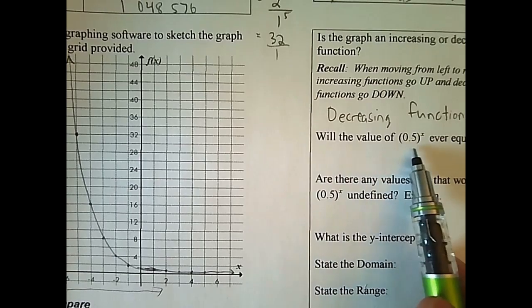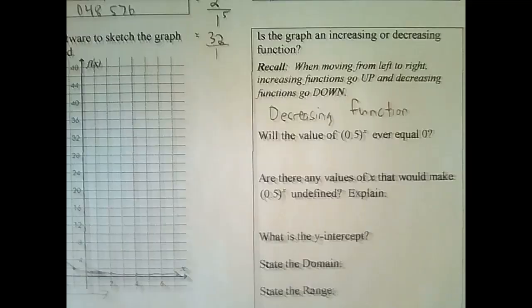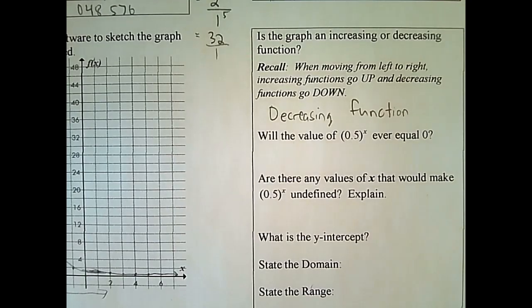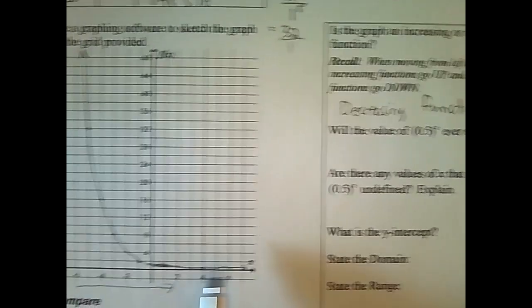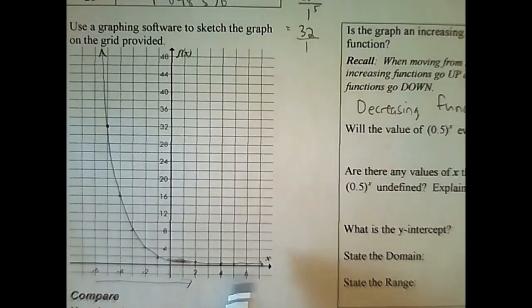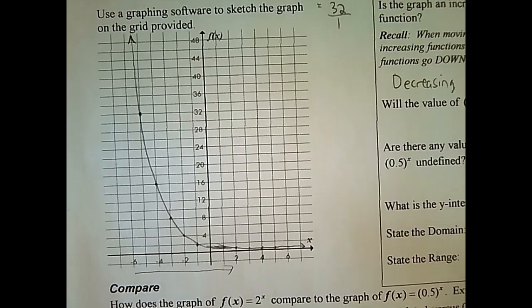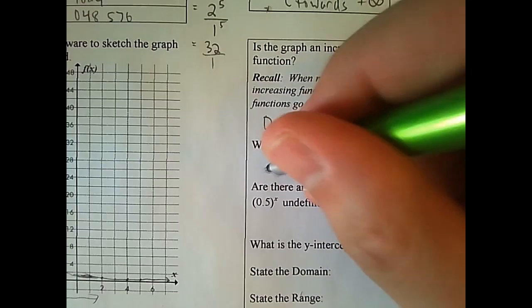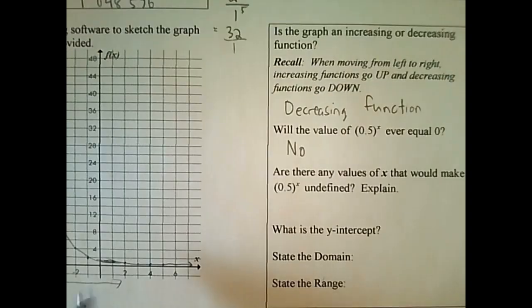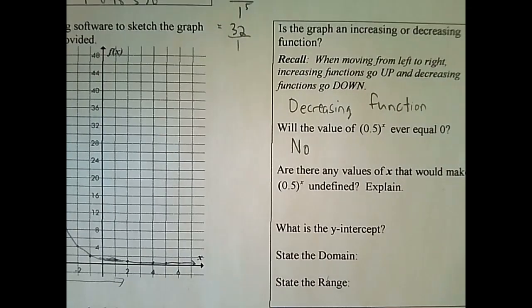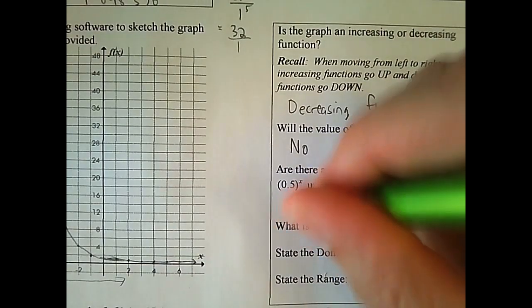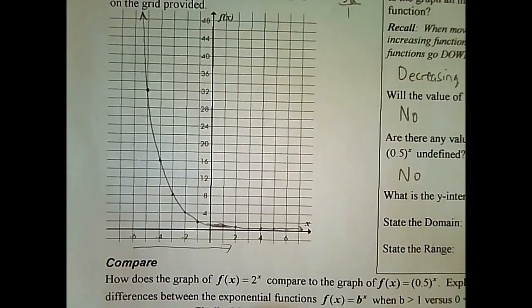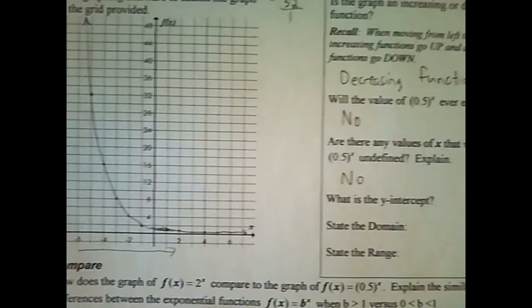Will the value of 0.5 to the power of x ever equal 0? Just like the other function, whatever x value I can think of to put in here, or anything larger or smaller in the negative direction, the answer is no. It'll always be going towards 0, but never equal to 0. Are there any values that would make this undefined? Nope, because we can put any x value here, and we'll get a corresponding y value.